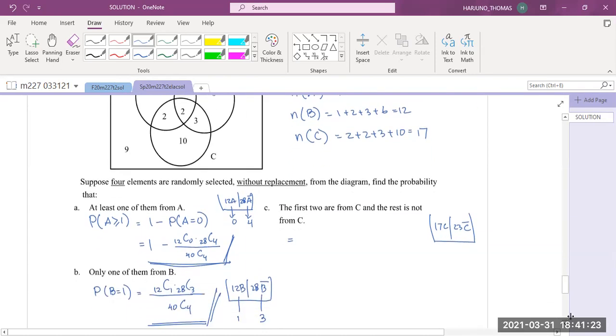Okay, we can do it one by one though. The first 2 are C. What is the probability the first one is from C? 17 over 40. The probability the second one is also from C. The probability the third one is not from C. And the fourth one also not from C.